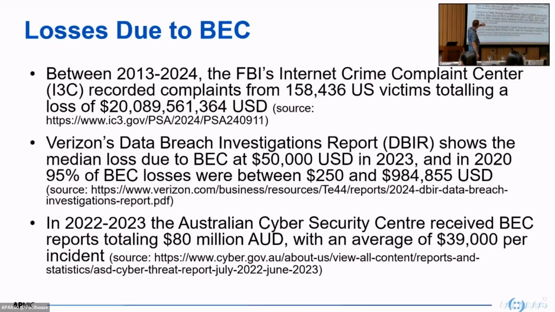And in 2020, 95% of losses were between $250 all the way up to $1 million. In Australia, the Australian Cyber Security Centre, as part of the government organization, is receiving BEC reports of $80 million, averaging 39,000 per incident, 39,000 Australian dollars. So that's closer to 25,000 US dollars. So still considerable for each event as it happens.